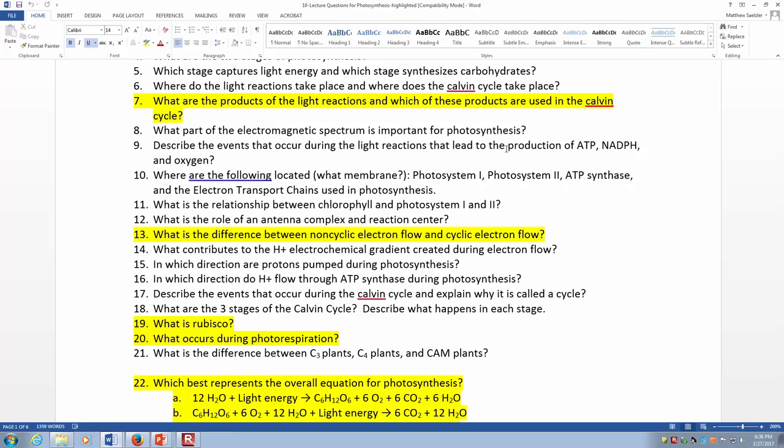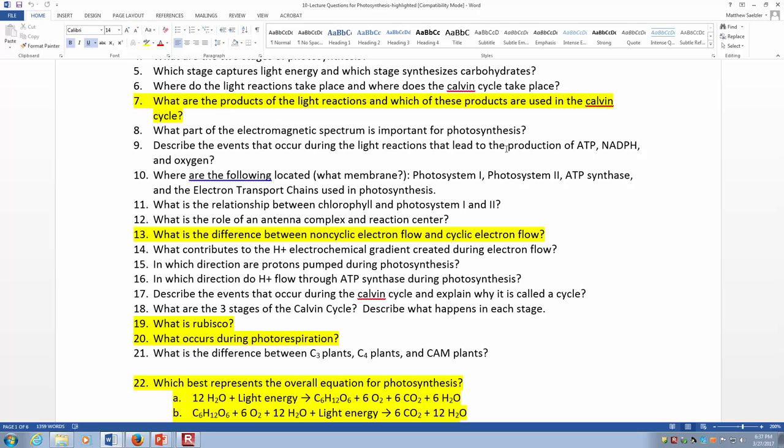So they're both light reactions, but non-cyclic electron flow produces three things, whereas cyclic electron flow only produces one thing. Non-cyclic produces oxygen, ATP, and NADPH. Right. Cyclic just produces ATP. Right. So remember, non-cyclic is the form that produces the three products, ATP, NADPH, and oxygen, whereas cyclic electron flow only produces ATP.